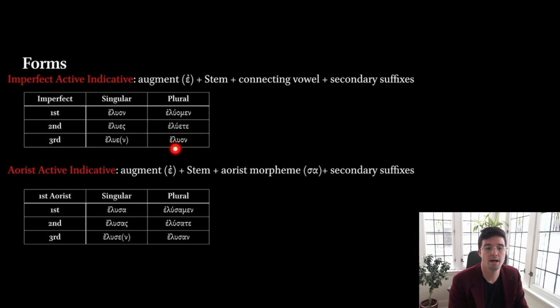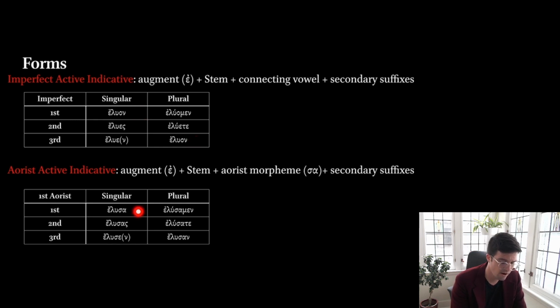And notice here, eluan is used for both the first person singular and the third person plural. So the only way you're going to know if it's a they or an I doing the action in the imperfect active indicative is by the context of the sentence itself, figuring out if the subject is an I or if the subject is a they.